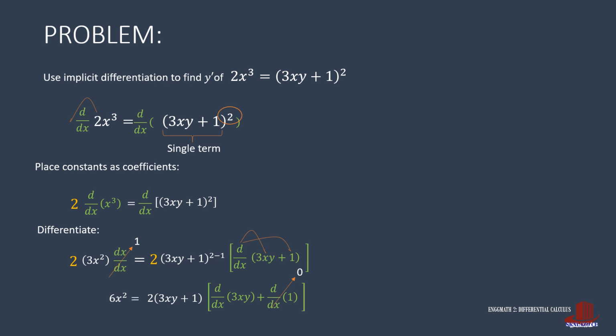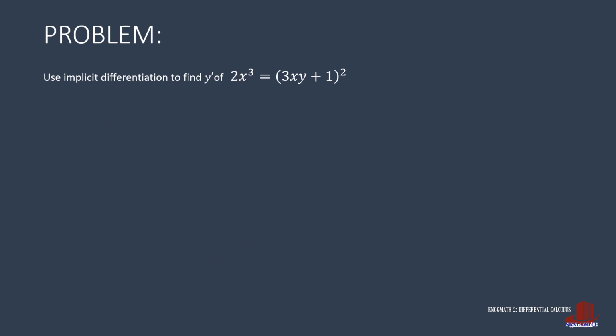Then we should finish differentiating by placing the constant 3 out of the derivative. The simplified function is then 6x squared is equal to 2 with the binomial 3xy plus 1. Then attach the last term with 3 times the derivative of xy. This last derivative requires product rule.